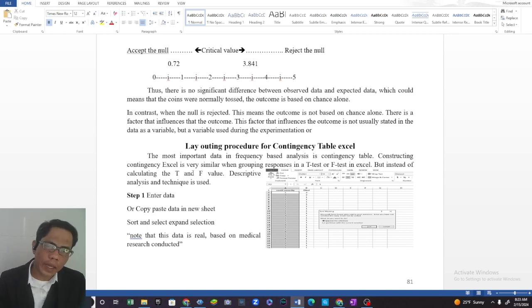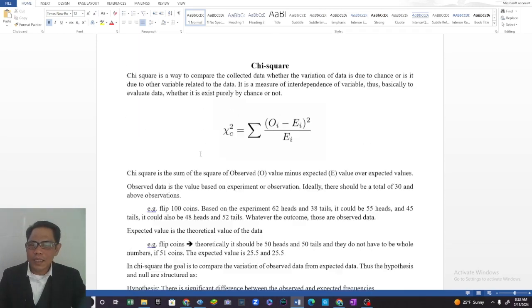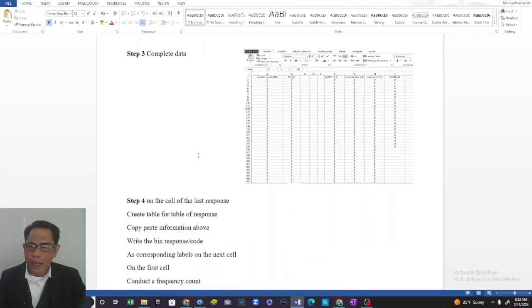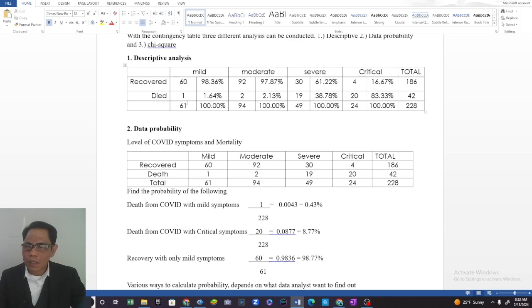So there are other ways to move forward. So less on the anxiety. Okay, so I'll be discussing first chi-square, and it's continued descriptive analysis and data probability.